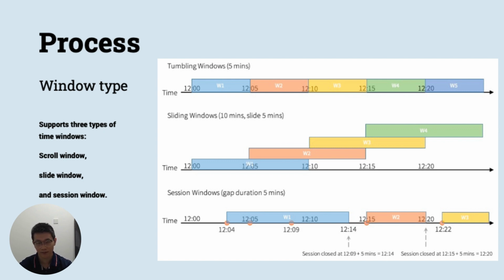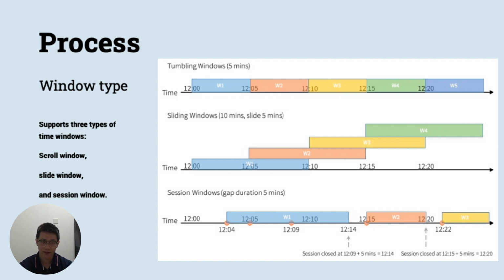For example, in this window, W1, you can see that at 12:09, the last record arrived. 5 minutes later, at 12:14, no data has arrived. So this window is closed. This is a session window.